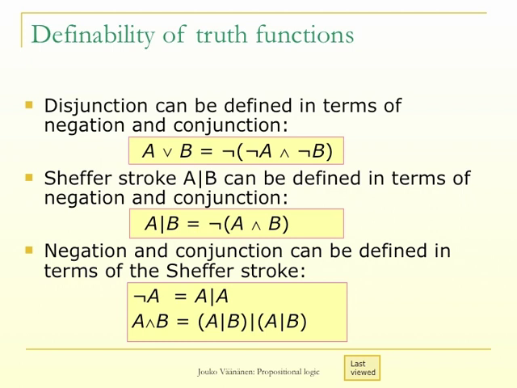So we see the interesting property of the Sheffer stroke, that negation and conjunction can be defined in terms of it. Since disjunction can be defined in terms of negation and conjunction, we may conclude that disjunction too can be defined in terms of the Sheffer stroke. This interesting property of the Sheffer stroke is called universality.